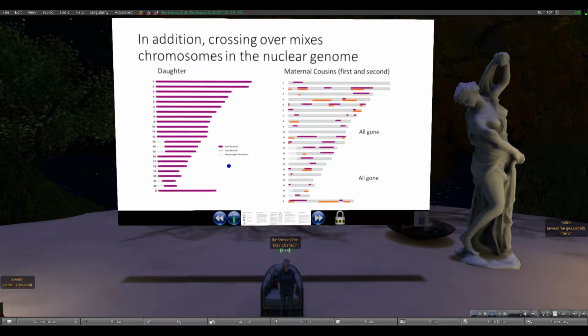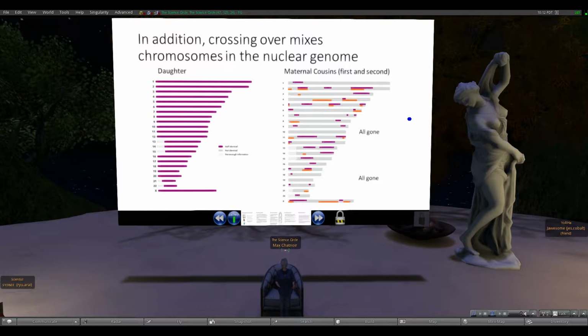So my daughter, of course, has half of my DNA, so she's got quite a lot in common with me. But if you start looking at the cousins, then that contribution gets diluted out even further because of crossing over during gamete formation between the parental chromosomes.